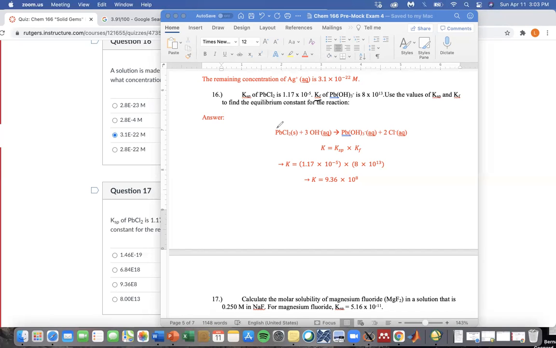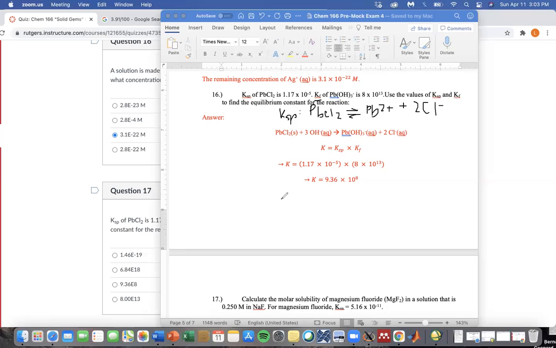And so in this expression, your Ksp expression is going to be PbCl2 yields Pb2 plus and 2Cl minus.